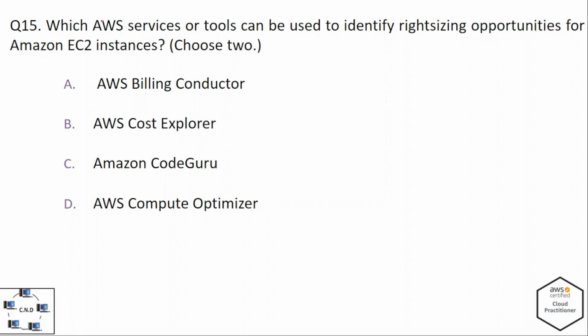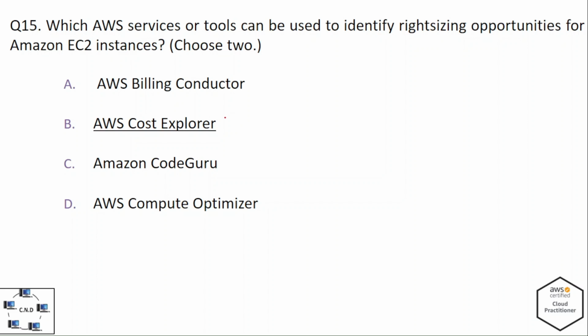Question number 15 is that which AWS services or tools can be used to identify right sizing opportunities for the Amazon EC2 instances? We have to choose two options, and the options are A. AWS Billing Conductor, B. AWS Cost Explorer, C. Amazon CodeGuru, and D. AWS Compute Optimizer.